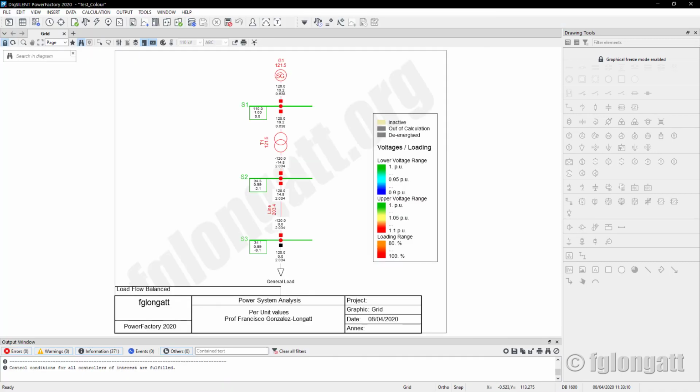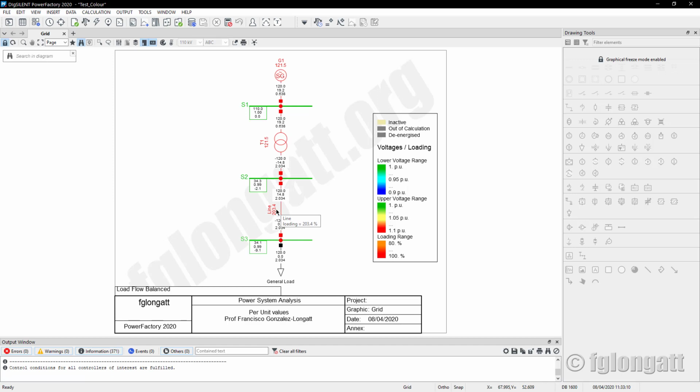Another question that typically happens is about the transmission line here. As you can see, there is a loading of 203, and the typical question is, what is happening there?